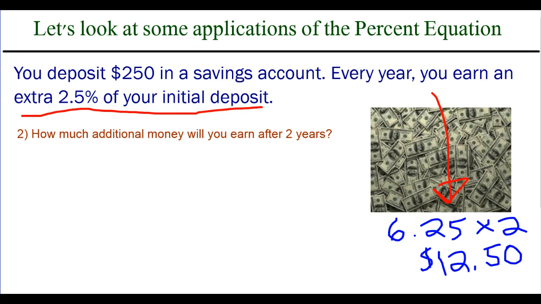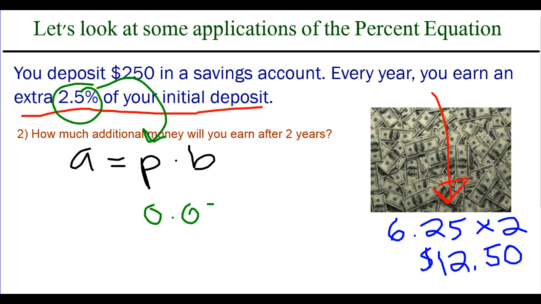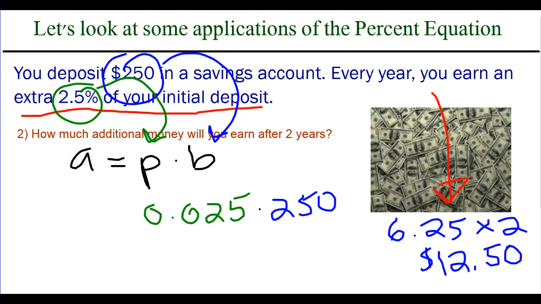So again, our percent equation is A equals P times B. We said that our percent, the 2.5%, was 0.025, because that's 2.5% in decimal form. Our base is still 250. And we still don't necessarily know how much money we're going to earn, although we do know now because we've done it before.